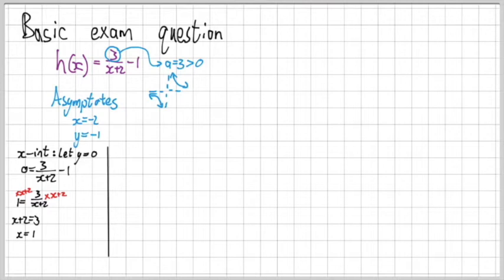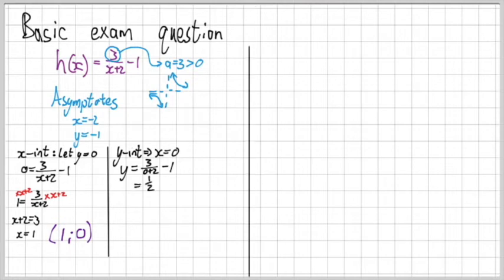Again, understand that I now have a set of coordinates. x is 1 and y is 0. To go over to the y-intercept, I've got to let x be equal to 0. So y is 3 over 0 plus 2 minus 1, so it's at a half.